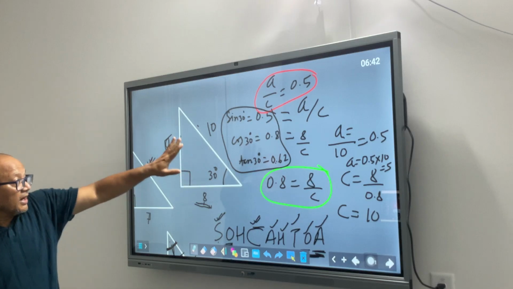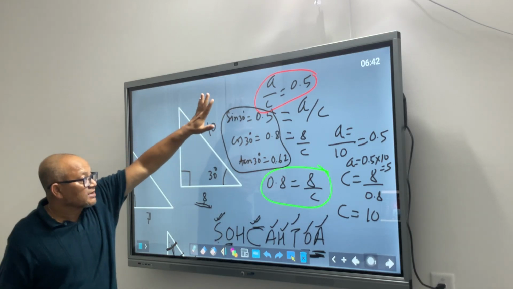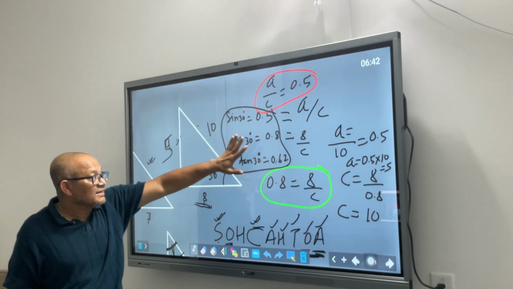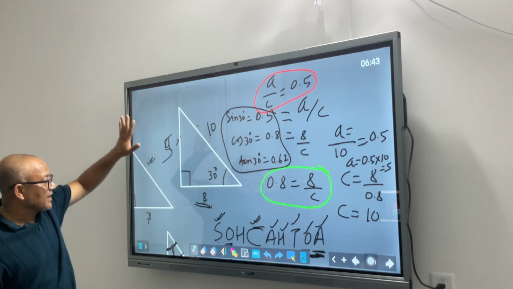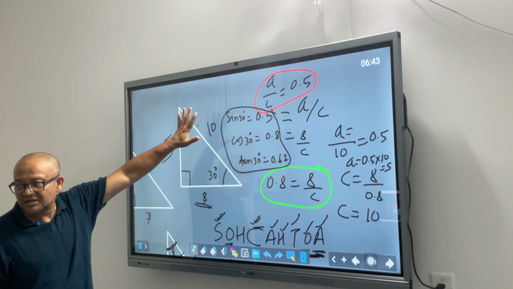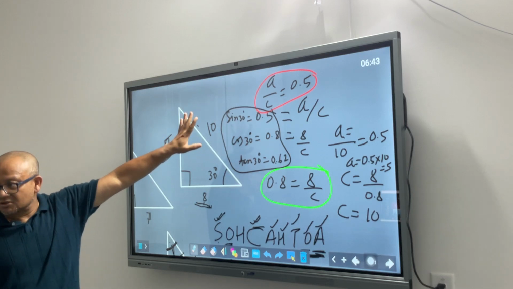So what I was trying to say here was that if you have these ratios given to you, it will help you derive the sides by applying the SOHCAHTOA concepts.